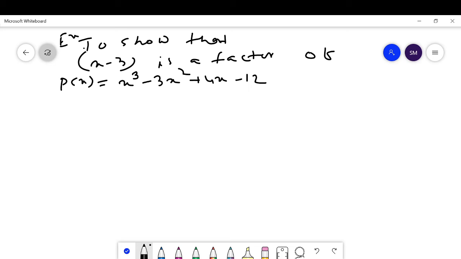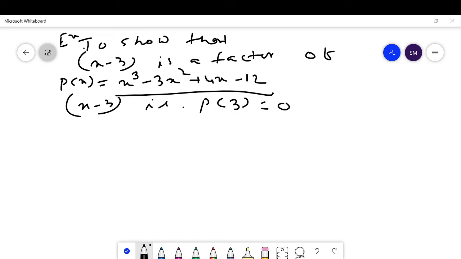By the factor theorem, when x minus 3 is a factor of P(x), this implies P(3) is equal to 0. The factor theorem says that if x minus a is a factor of P(x), then P(a) is equal to 0.